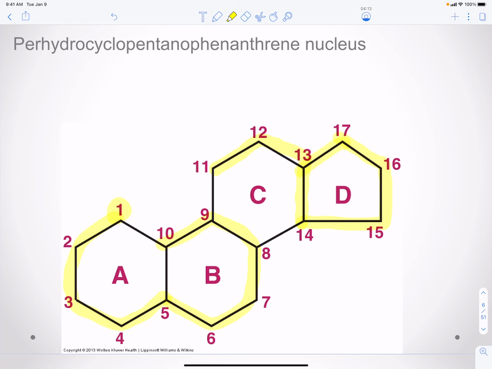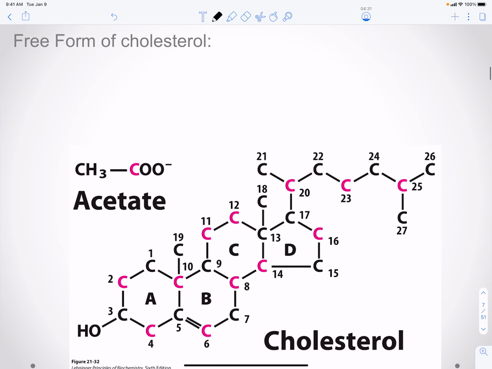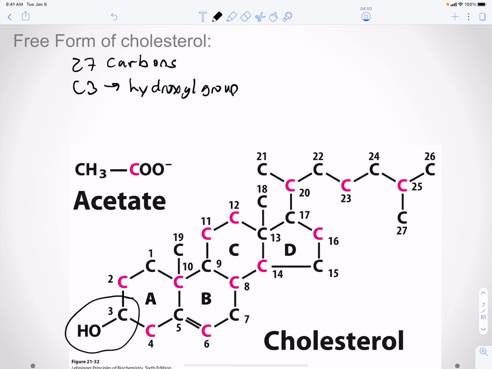Now the structure is going to contain 4 fused rings. So it's an alicyclic compound. Now, free form of cholesterol is where you're going to have 27 carbons. And at carbon 3, you have a hydroxyl group. Just shown here, our 3-hydroxyl group.